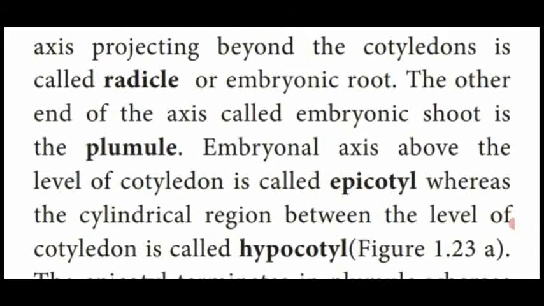Dear students, what I explained is given here. The portion of the embryonal axis projecting beyond the cotyledon is called the radicle or embryonic root. The other end of the axis, the embryonic shoot, is called the plumule.